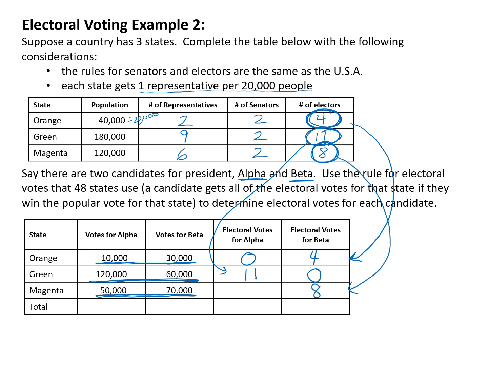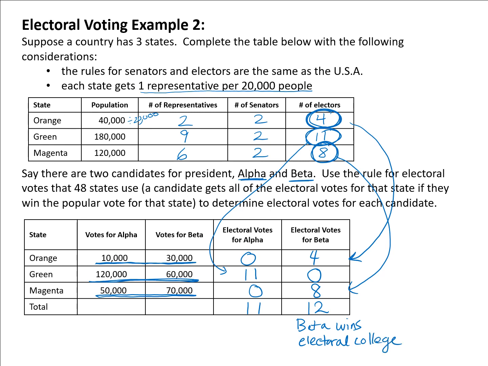So 8 votes go to beta, 0 votes go to alpha. So when we add up the electoral votes for these 2 candidates, alpha gets 11 electoral votes, and beta gets 12. So beta has more electoral votes, so beta wins the presidency, wins the Electoral College, and therefore the presidency.